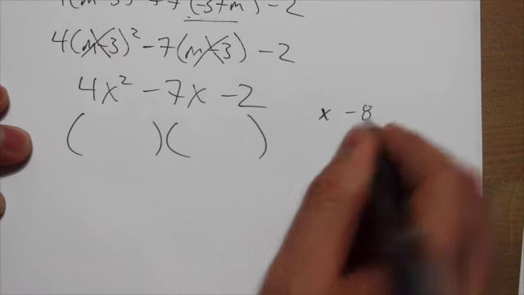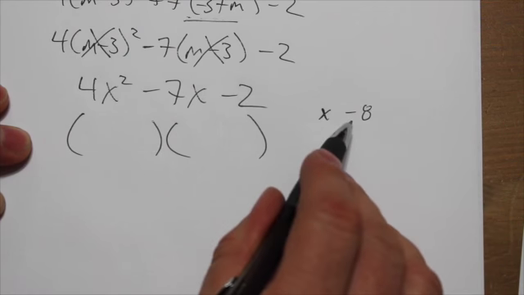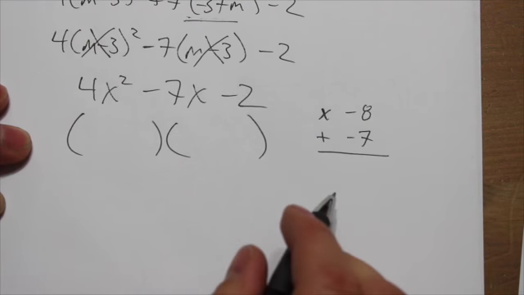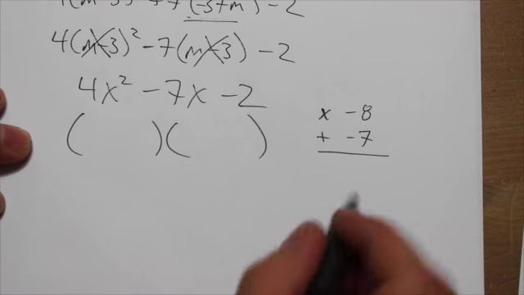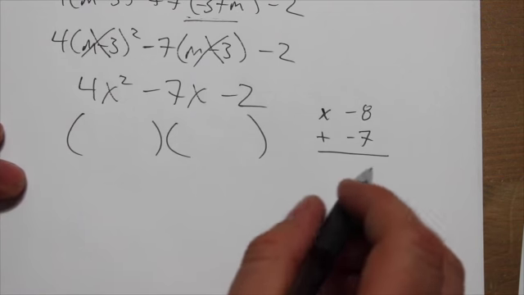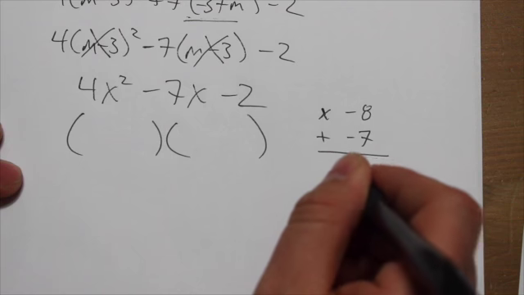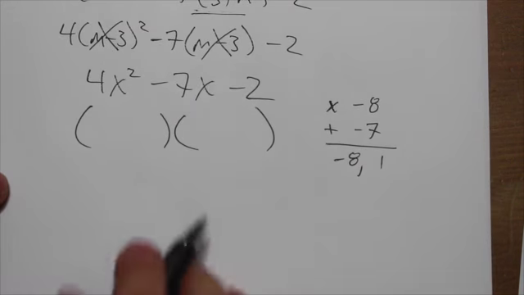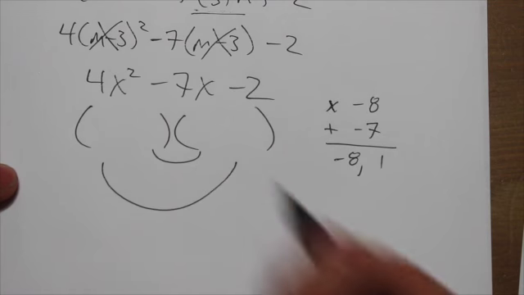I'm looking for two numbers, my outer and my inner products here, that multiply together to get negative 8, and they're going to add together to get negative 7. Okay? You think about your factors of 8. Well, the only ones that are really going to work here to get negative 7 will be negative 8 and positive 1. Okay? So these are my outer and my inner products here.